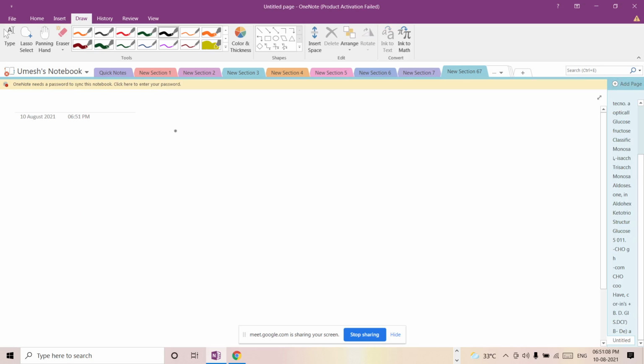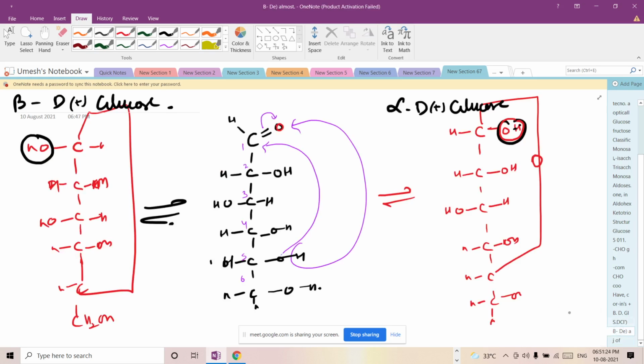We have to draw a 6-membered ring and oxygen here. This is the C1, C2, C3, C4, C5, and 6 is oxygen here.